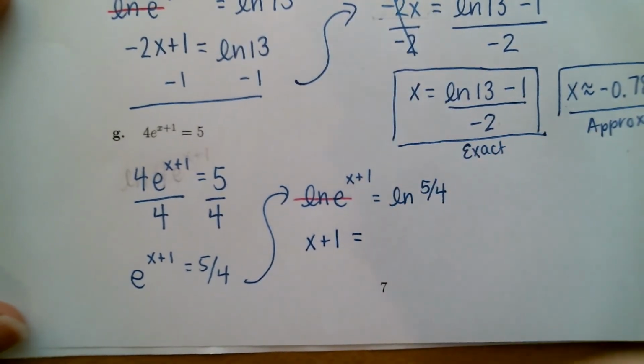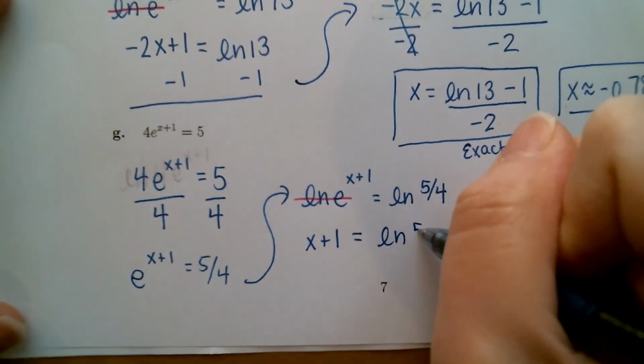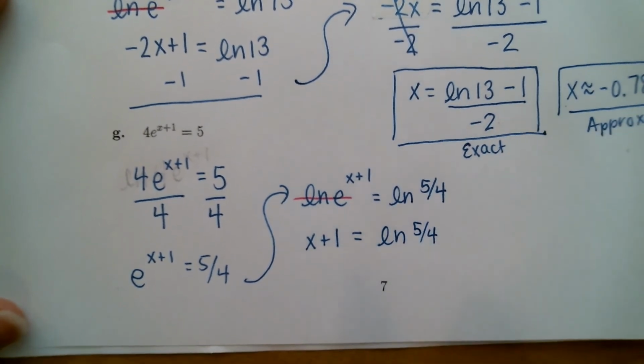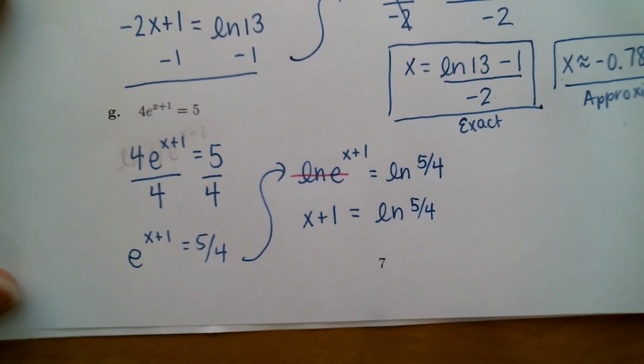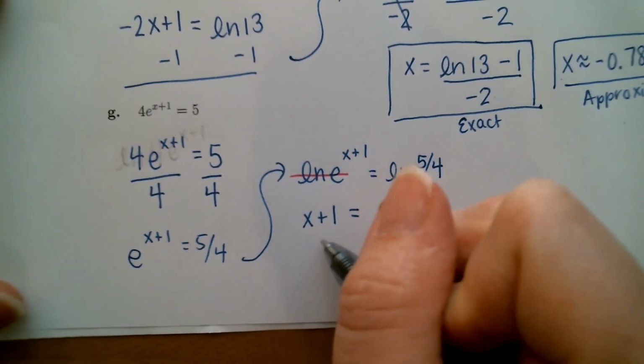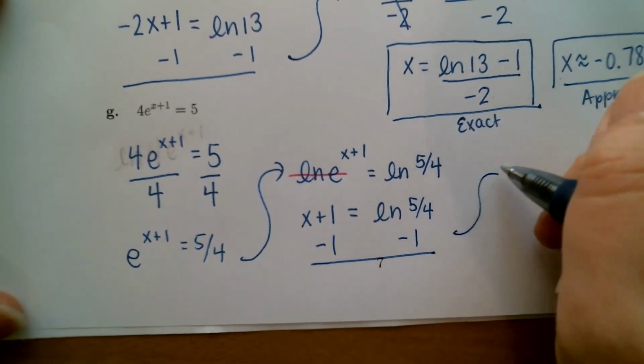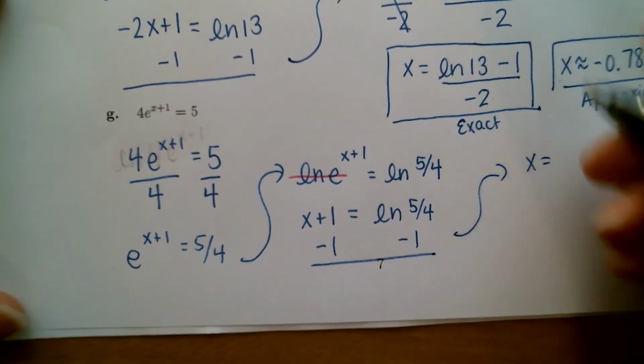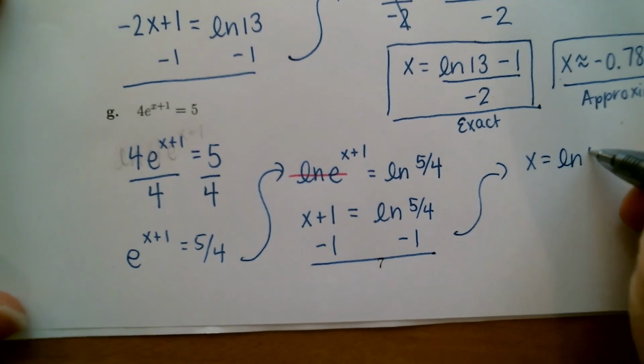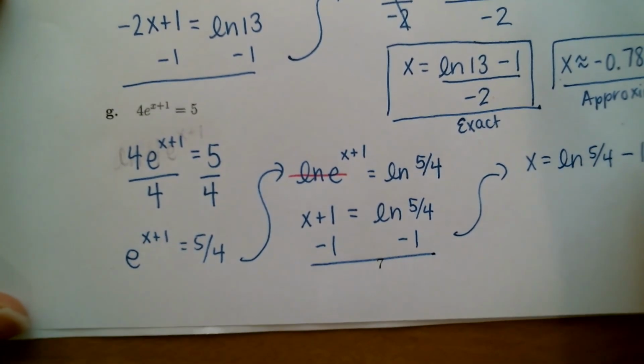Natural log of 5/4 is going to be some messy decimal probably, so leave it alone. Now you can solve for x. Just subtract 1. So the answer is x is equal to the natural log of 5/4 minus 1.